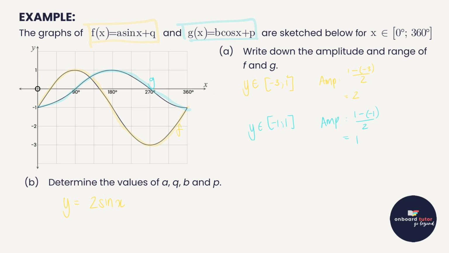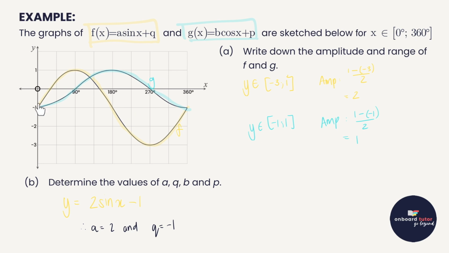Does it actually go to 2? Because sine starts at the center and then goes up to 2, down to 0. But it's not. Do you see that instead of starting at 0, it's starting at minus 1? So that means it's shifted down one place. Now that I know that, I can say that therefore a is equal to 2 and q is equal to minus 1.